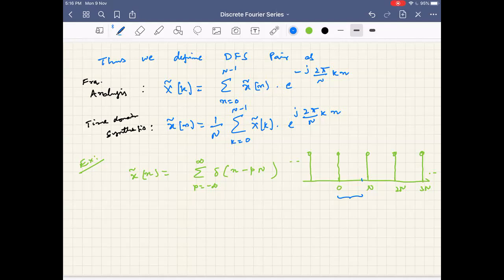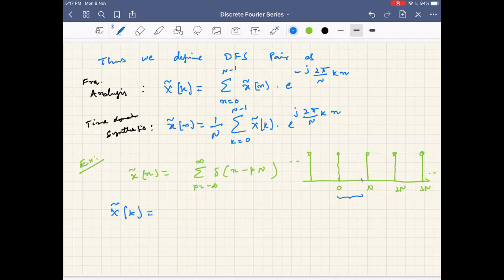Now let us see how to find its frequency domain representation. It's a periodic impulse train. So how to find x tilde of k?